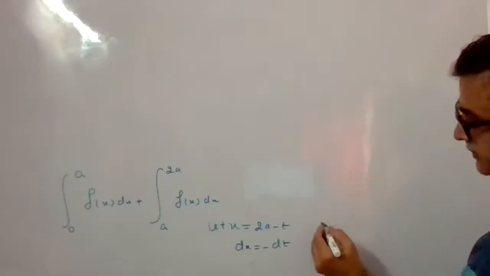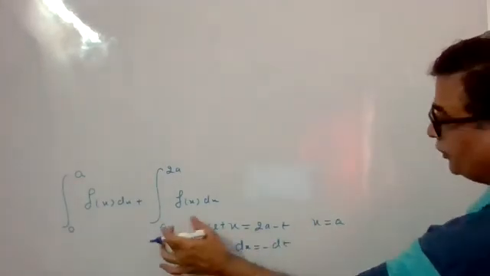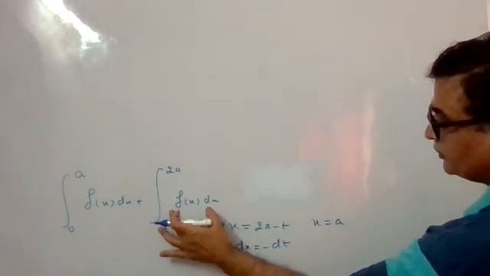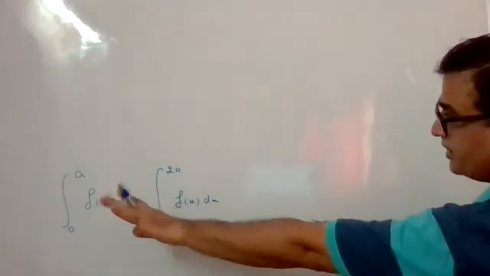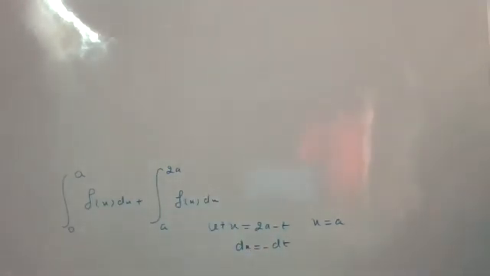What about your limits? We are putting 2a minus t only at this place, not for the first result; we are keeping that as it is. This assumption is only for this part. So 2a minus t is x, so dx is minus dt.